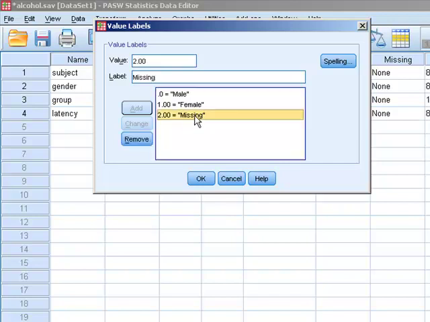So rather than calling this missing, let's change this to undeclared. It may be that this represents someone who responded on everything else but didn't want to declare their gender. So if we click on change, we now have 3 categories here.